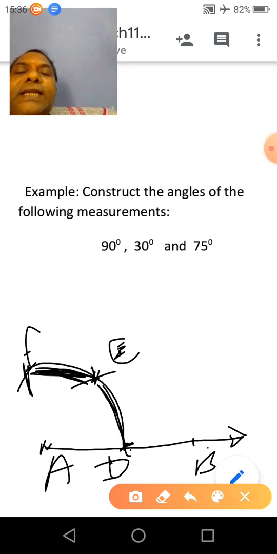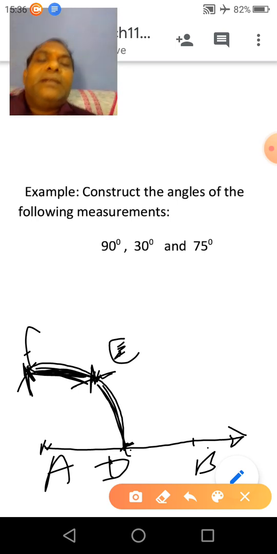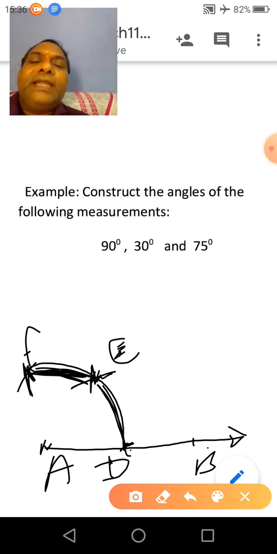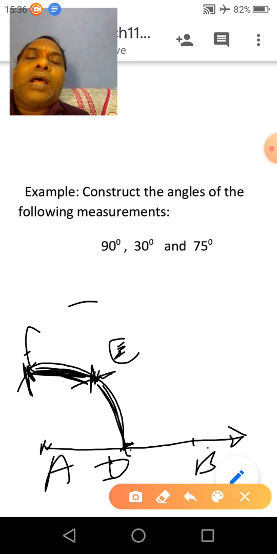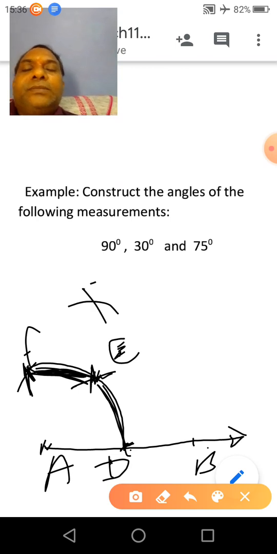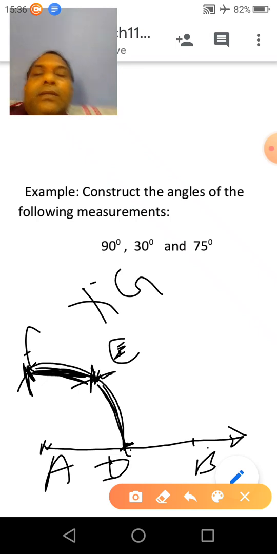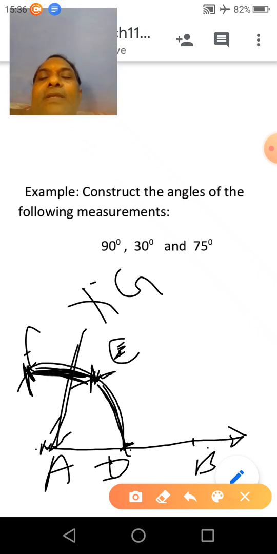To bisect this portion, taking E and F as centers and an arc of any radius, draw arcs which intersect at point G. Clear? So AG will be 90 degrees.